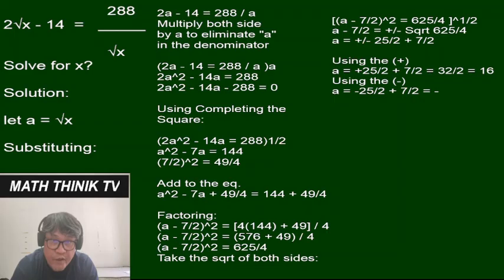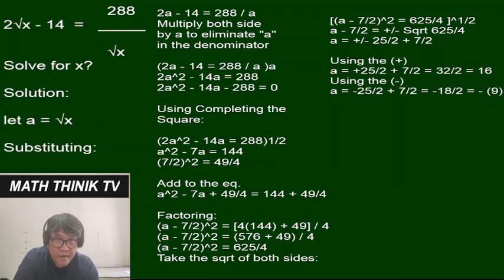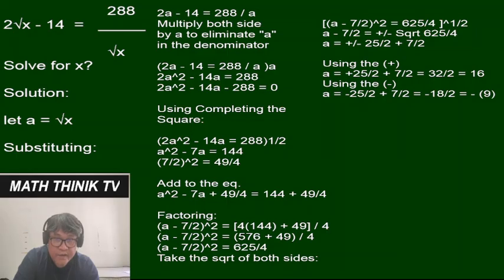So negative 25 minus 7 is 18, right? 18 over 2, or negative 9. Okay. So this is the value of a, guys. Dalawa. Yung isa 16, yung isa negative 9.